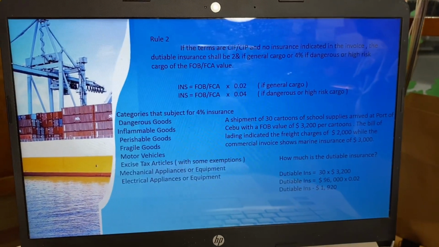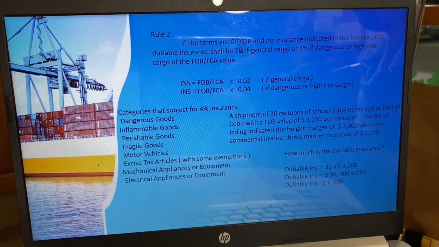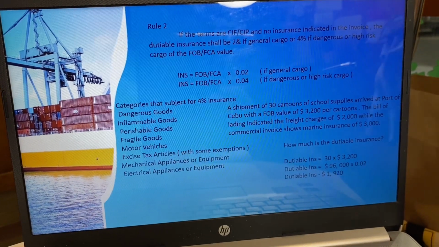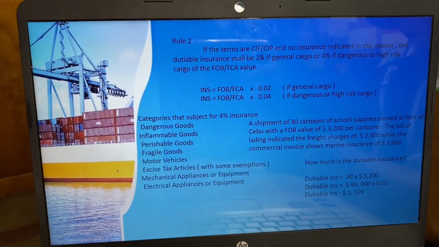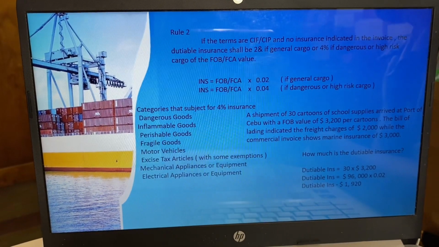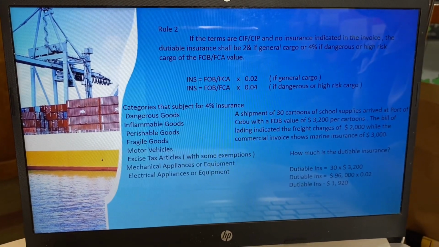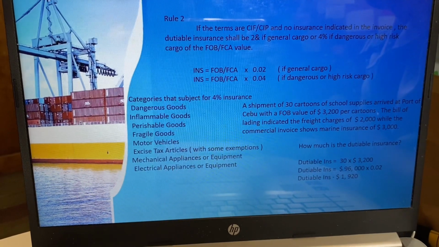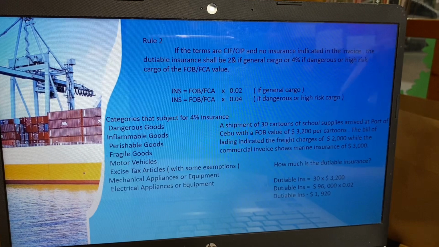In rule number 2, when we say CIF and CIP, insurance is already included, that's why the seller engages it. So if no insurance is indicated in the invoice, we use the 2% and 4% rule.